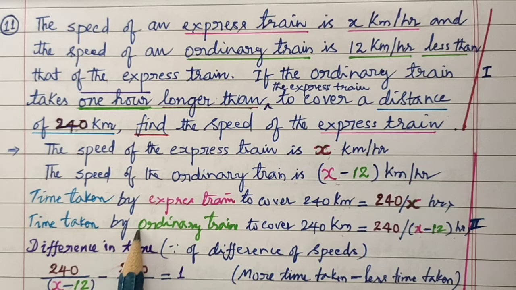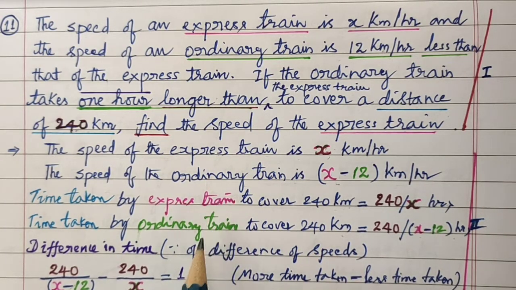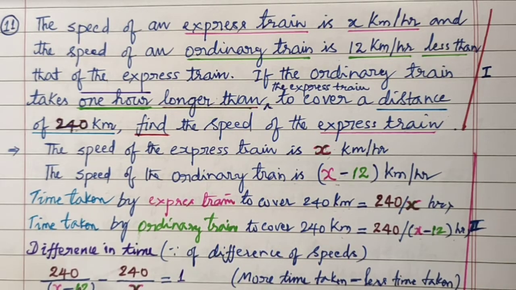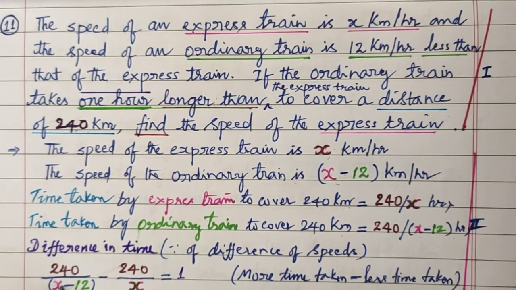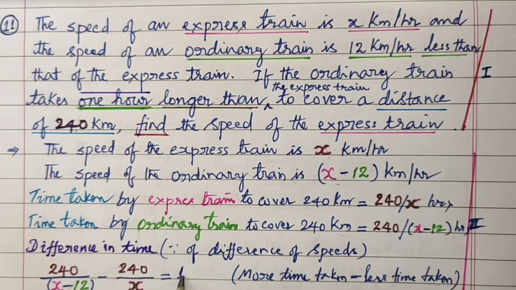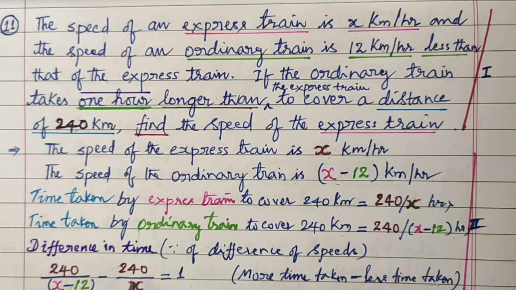The ordinary train takes 1 hour more compared to the express train. This is the difference, 1 hour difference is there. Then time taken by the ordinary train minus the time taken by the express train is equal to 1. We take more time taken minus the less time taken. That's why we get 1. The difference between the time of two trains is 1 hour.